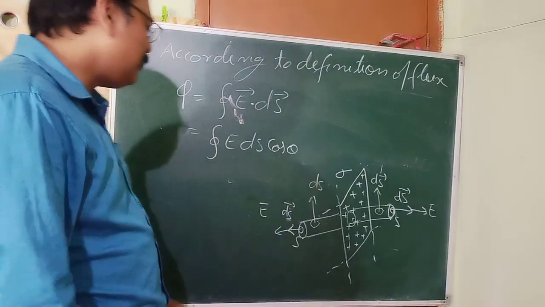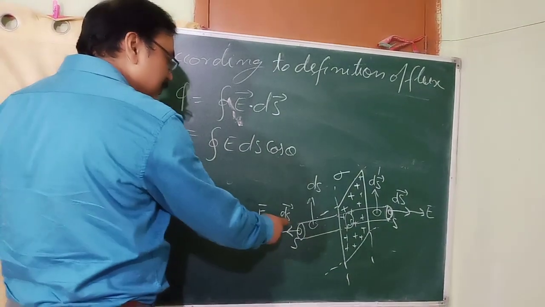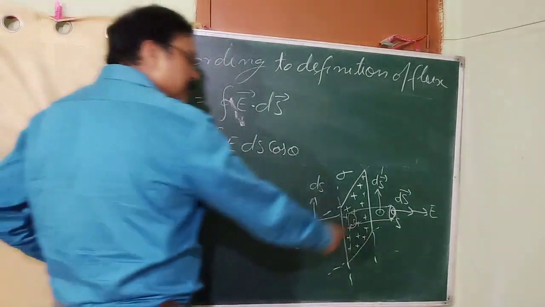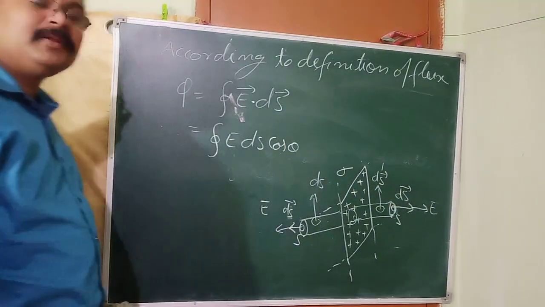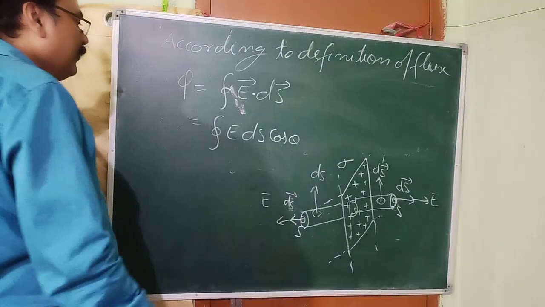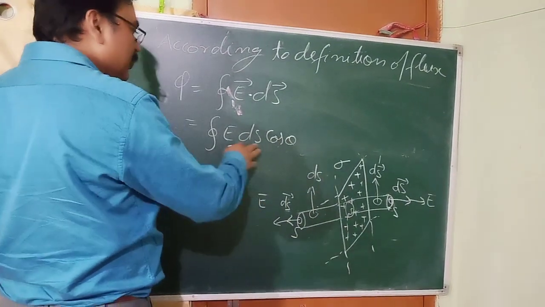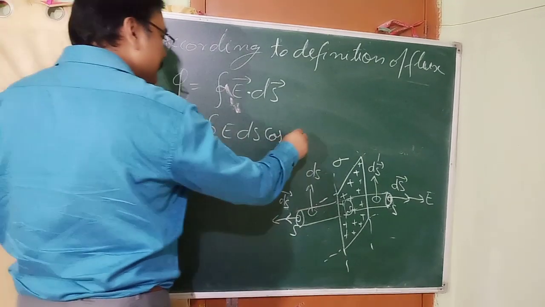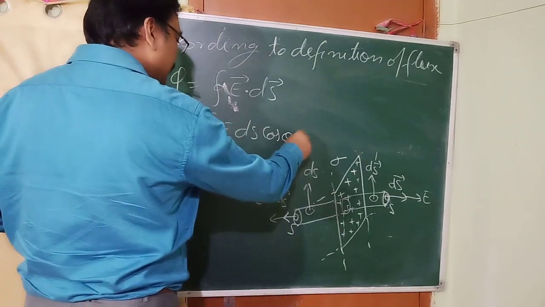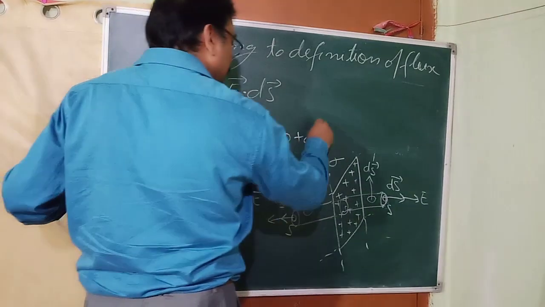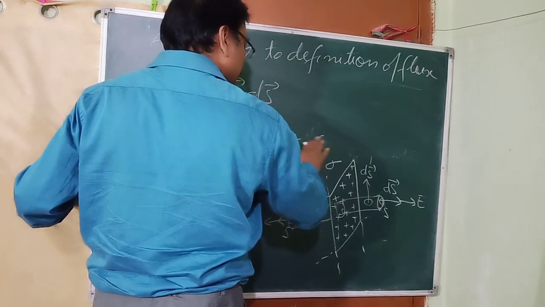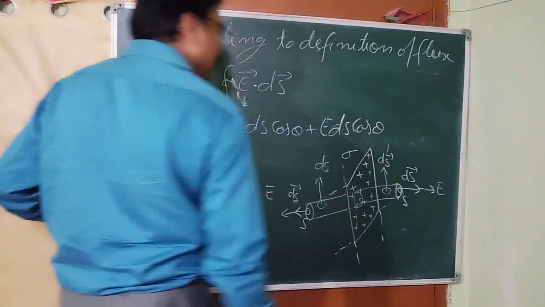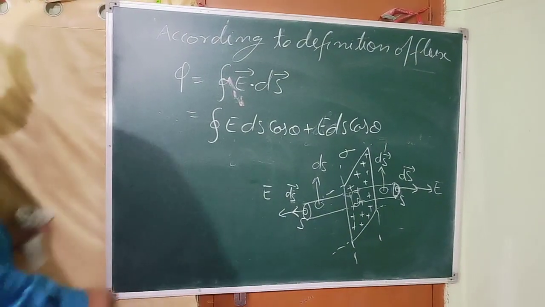Now, at the cross sections you can see that ds, that is the area vector, and the electric field are both directed along the same direction. So we can write E dot ds as E ds cos theta for each end. We have got two parts, so we write E ds cos theta plus E ds cos theta.